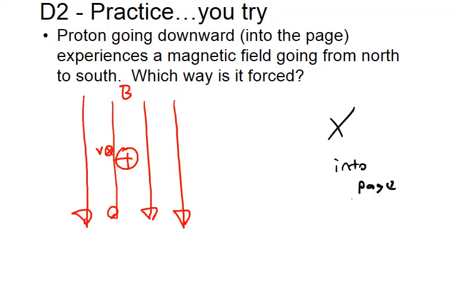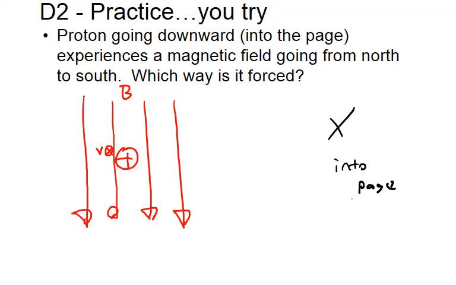We'll do this together. Get your right hand set up so your pointer finger, thumb, and middle finger are all at 90 degrees. Point into your computer screen, because the proton is actually going into your computer screen. Then your middle finger should be going towards the floor.